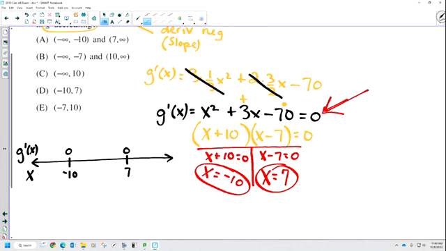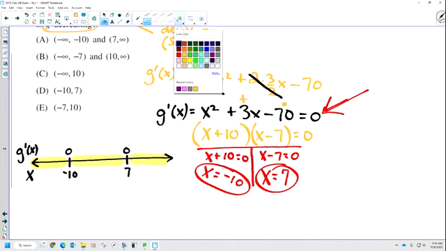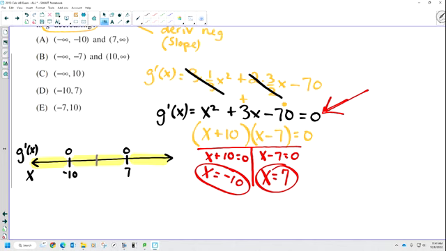So I'm going to check points in the 3 intervals that are split up by negative 10 and 7. I'm going to check a number in each of those 3 spots, and I want to see if that makes my derivative negative or positive. It's just that simple. Let's pick right here. Love using 0 whenever I can.